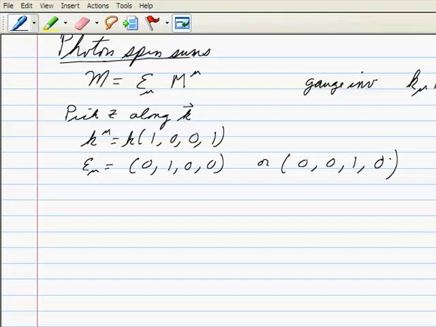So those are the two polarizations. The gauge invariance condition k mu M mu equals 0 then is k M0 minus k M3, so that whatever this matrix element is, its 0 component equals its 3 component.